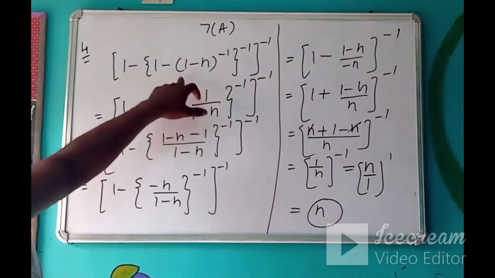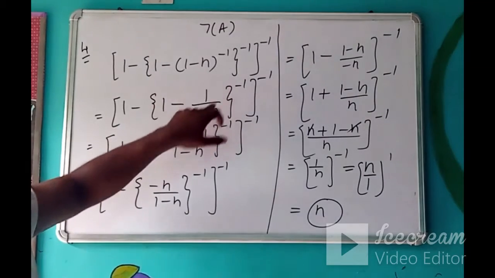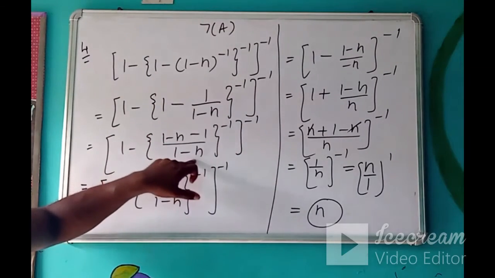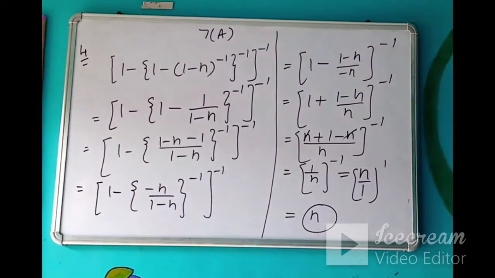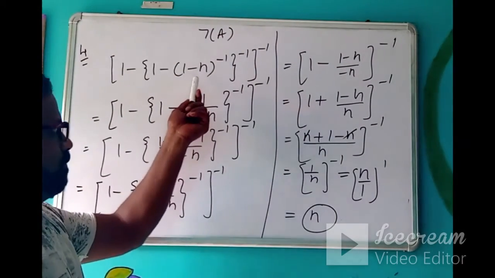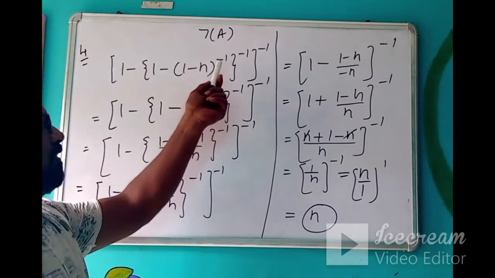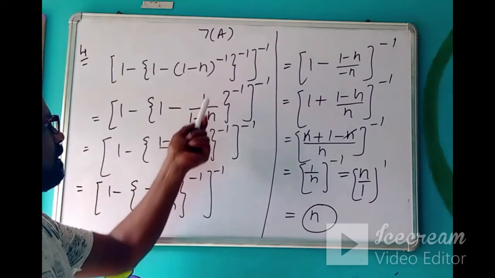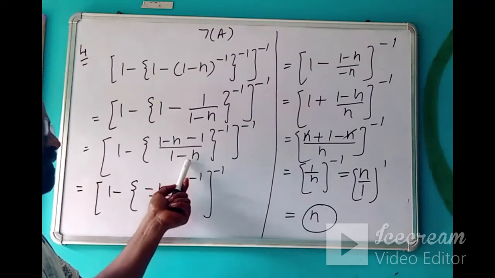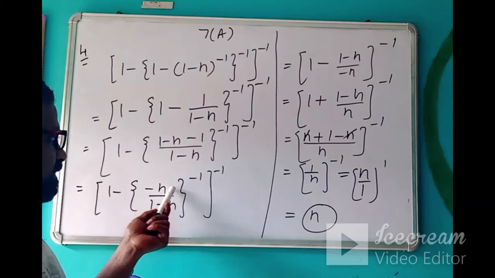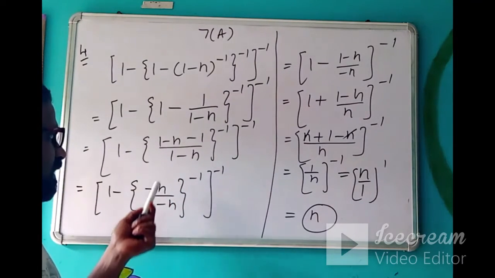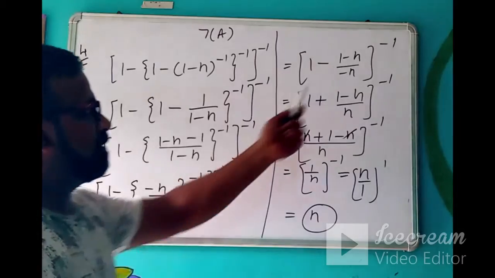So first we will solve this bracket, taking the reciprocal. Okay, so first we have removed this negative exponent by taking the reciprocal, then we have taken the LCM. I get this answer, minus n upon 1 minus n. Then I have taken the reciprocal of this again.